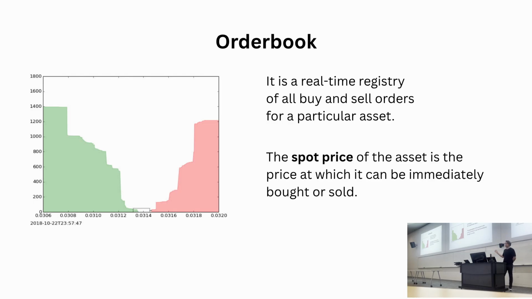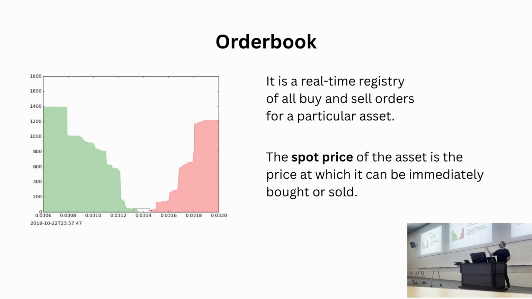So roughly the way an order book looks is in this picture on the left-hand side. The green area is orders to buy Bitcoin or just any asset. The red orders are orders to sell an asset. And the x-axis is the price.